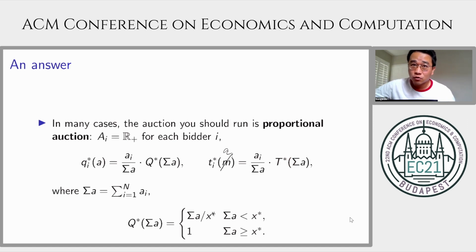This means that in the auction that we propose, the price per unit that you pay is the same for everyone. So we have uniform pricing, and this same price per unit is a function only of the aggregate bid, only of the summation of the bids that everyone submits. We will claim this is the right auction in many settings.